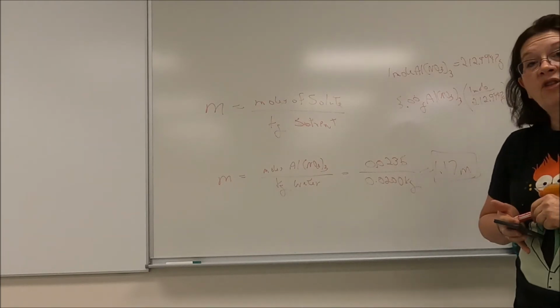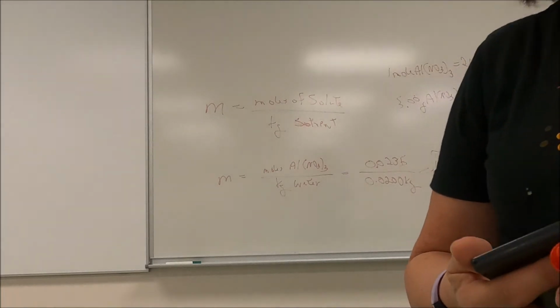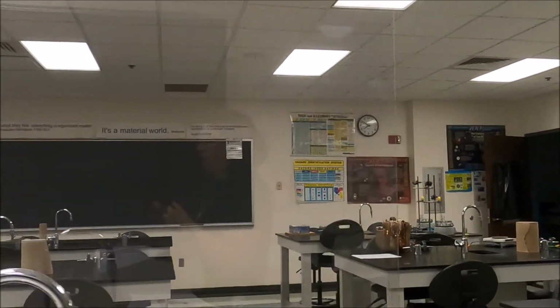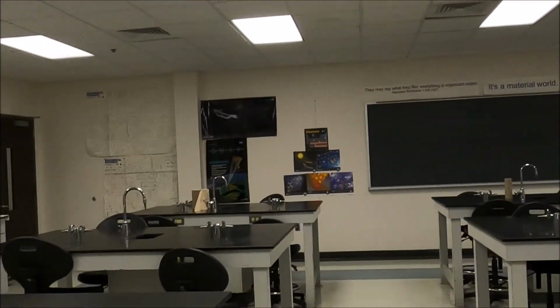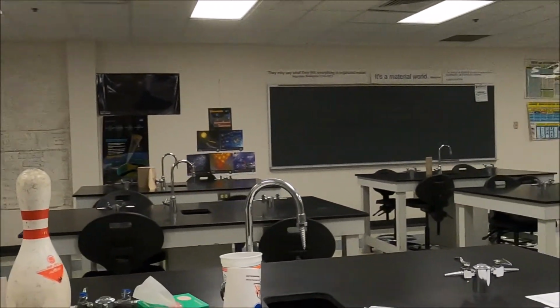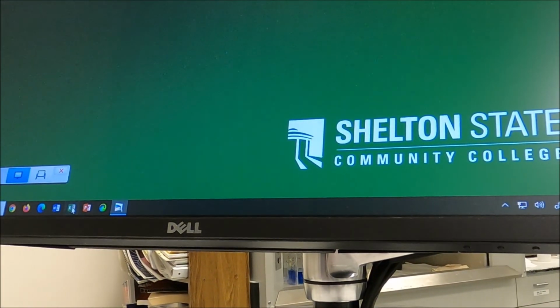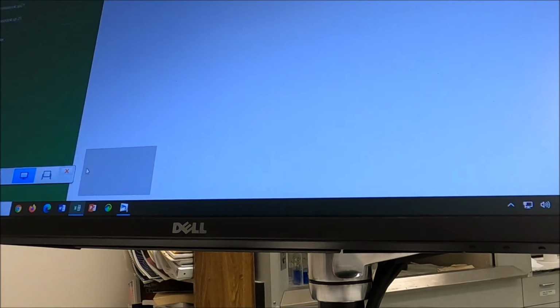Now that you've got your data, we've got to do something with it. Okay? So let's go over to my computer, and I'm going to show you how to do an Excel graph. Okay, guys, here's my computer. Okay, so we're gonna go to Excel.